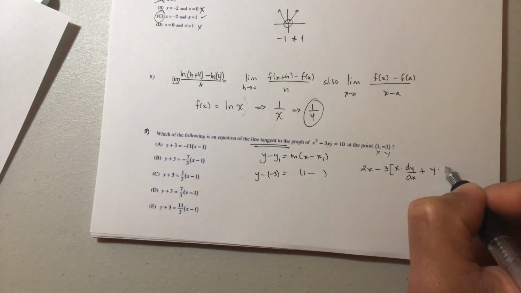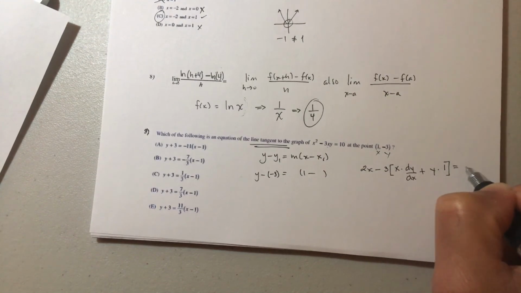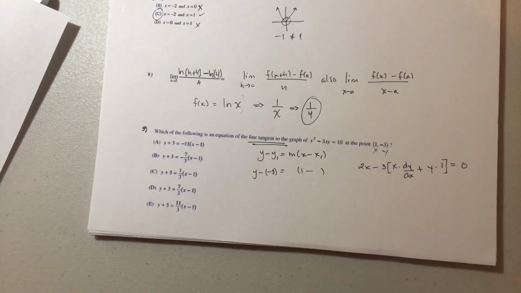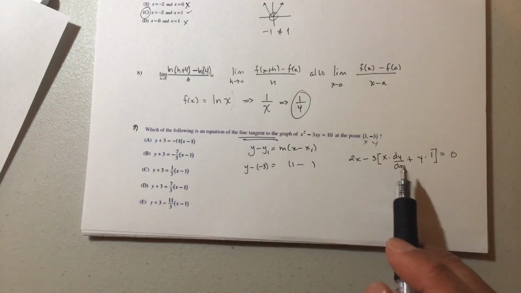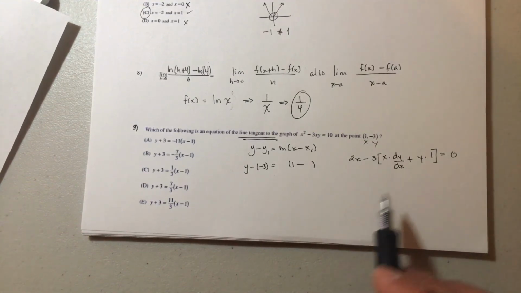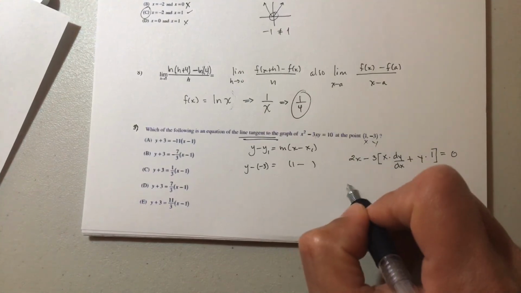Now I got to figure out the slope, dy dx. Well, before I distribute anything, I'm just going to go ahead and plug stuff in. So x is 1, so 2 times 1 is 2, minus 3. X is 1, so that's just going to give me y prime. And then y is -3. Okay, equals 0. So let's see here. Let's go ahead and distribute the 3 now.